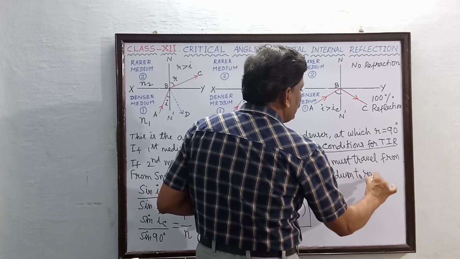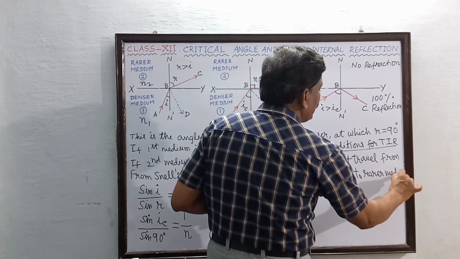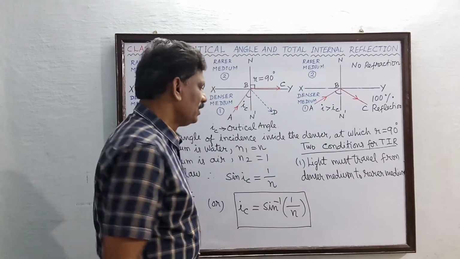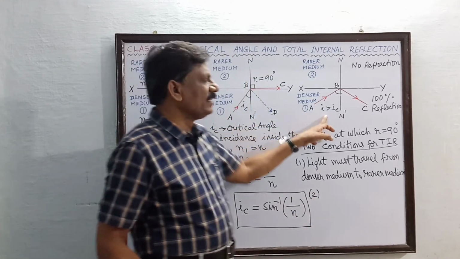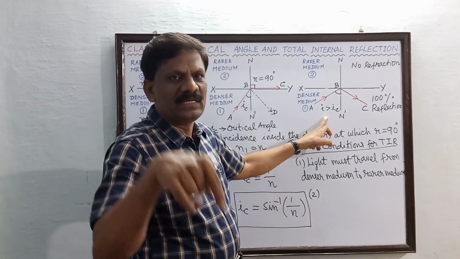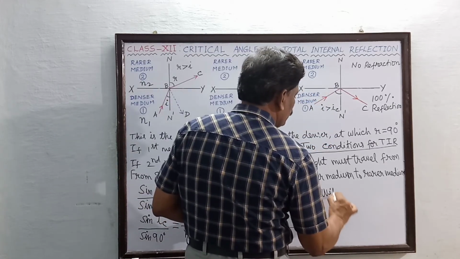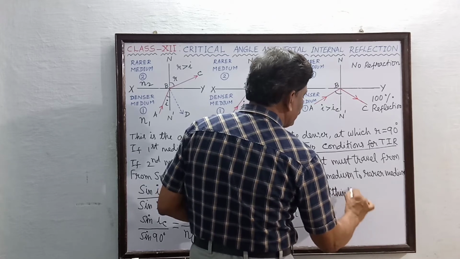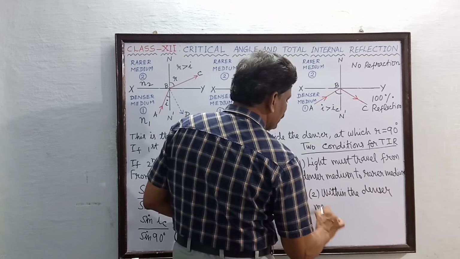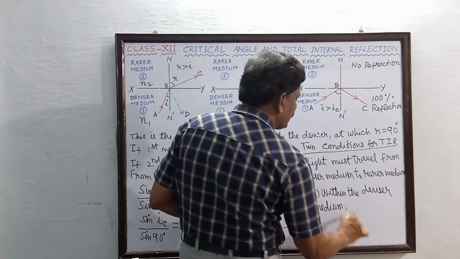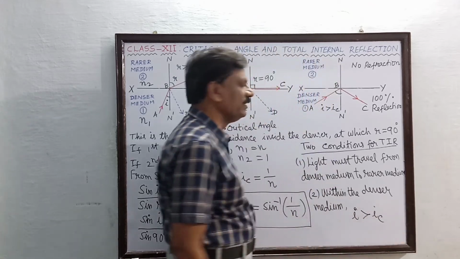Here the denser medium we have taken as water and the rarer medium as air, for example. What is the second condition required? The angle of incidence within the denser medium should be greater than the critical angle. So we have to mention that within the denser medium, the angle of incidence I should be greater than the critical angle IC.